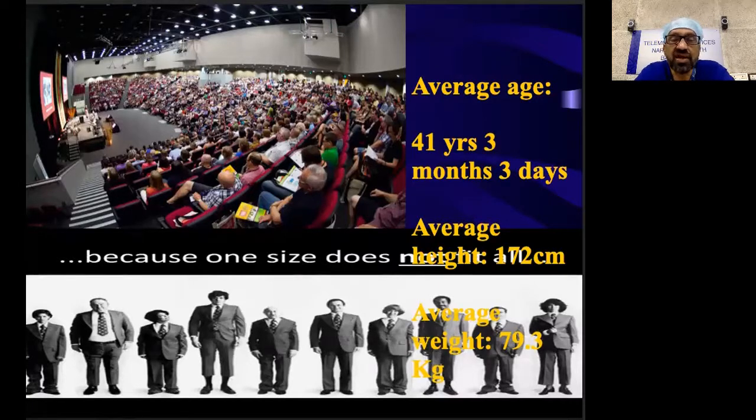We also should realize that the lower limit of mean arterial pressure is stated to be 65 millimeters of mercury.